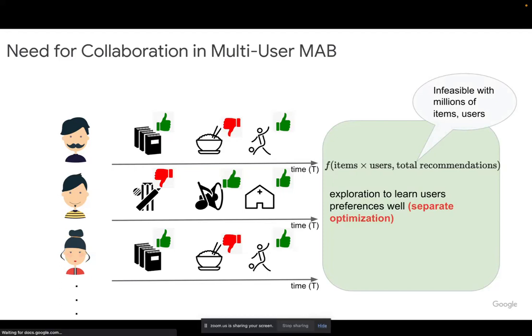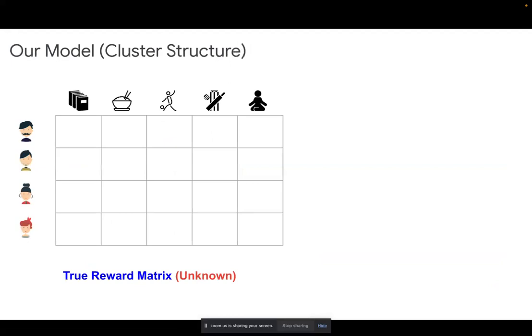Okay. So we introduce our model with a cluster structure constraint on the true reward matrix. Recall that at the very beginning of the algorithm, the preferences of the users towards the different items are unknown, right? So we have an associated true reward matrix corresponding to all the users and the items that are unknown at the beginning.